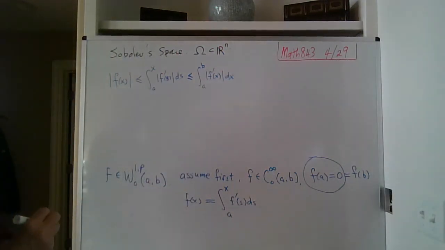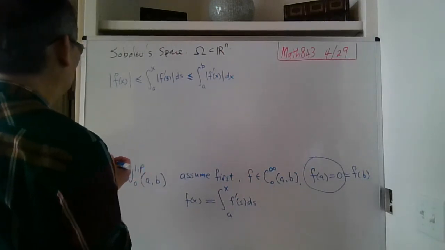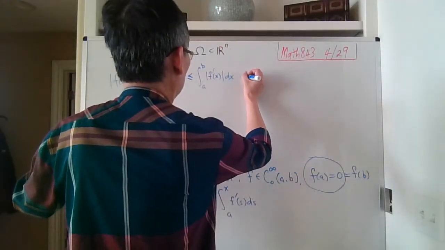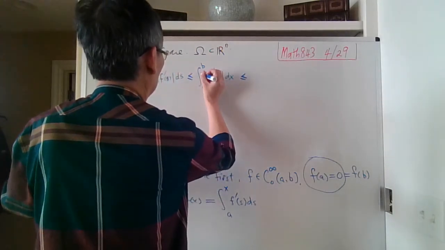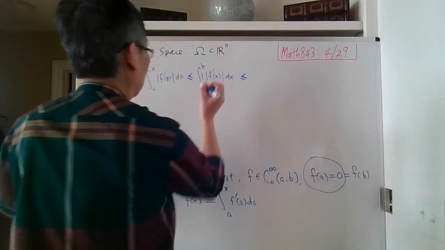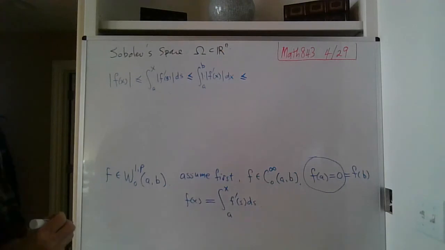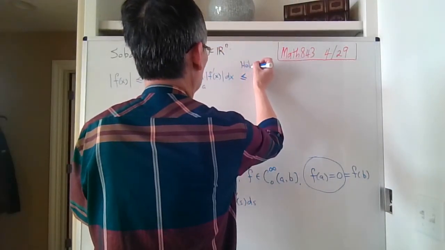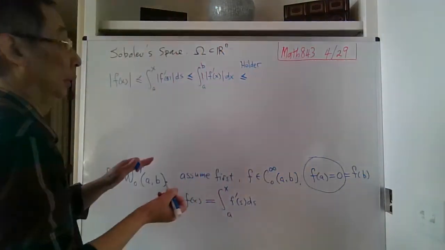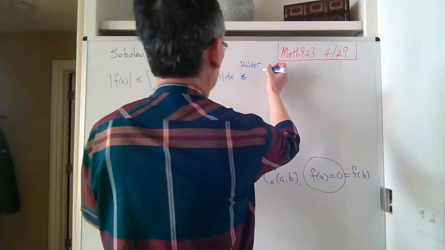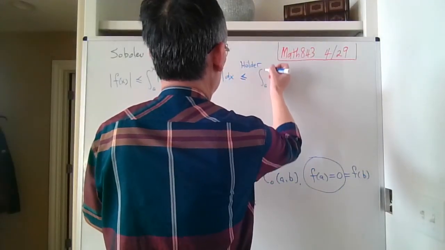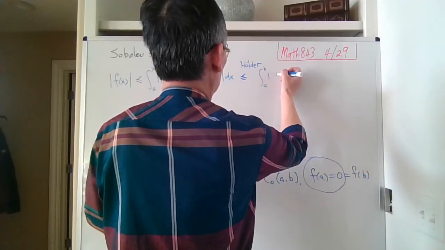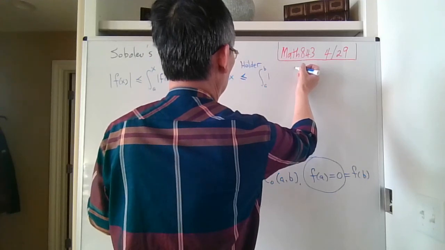And therefore you can use the Hölder inequality here. I think of this as 1 times |f'|. So using the Hölder inequality, this is going to be less than the integral over (a,b) of 1, to some power, times something. I'm going to look at the second integration first.